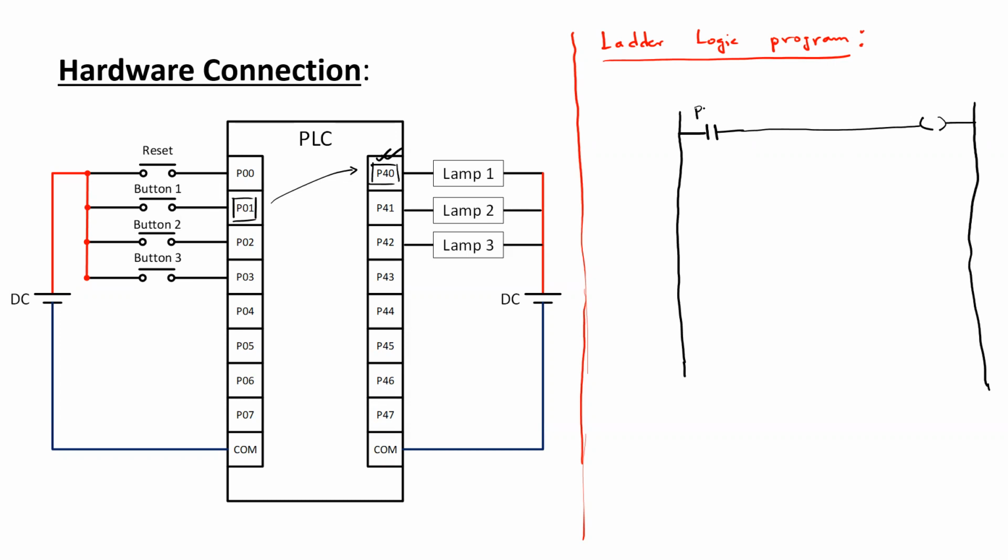The addressing of this normally open contact should be P01 in this case, and for this input we want to trigger the output connected at P40. So the address of this output coil should be denoted as P40.